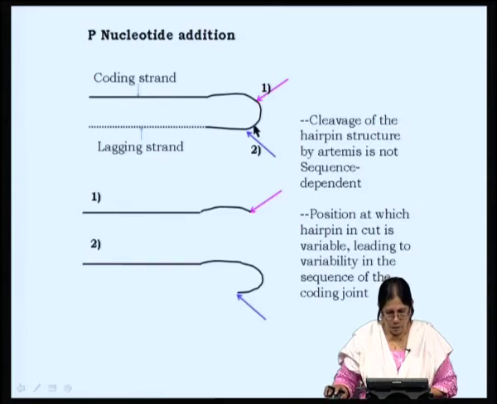However, in case of 2, if the cleavage occurs on the hairpin closer to the lagging strand, then you have a much larger fragment which would encompass quite a few nucleotides from the lagging strand, and this would be new to the segment over here, which could be, let us say, D.